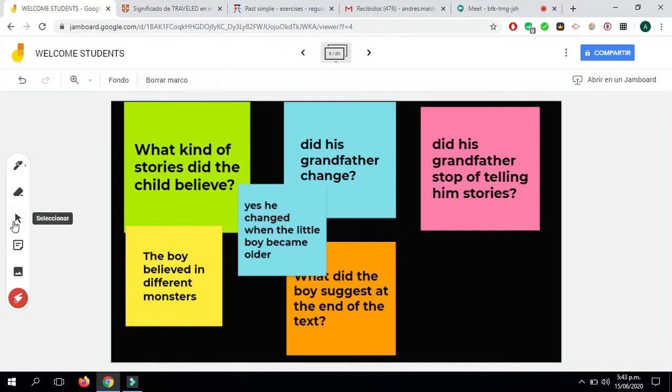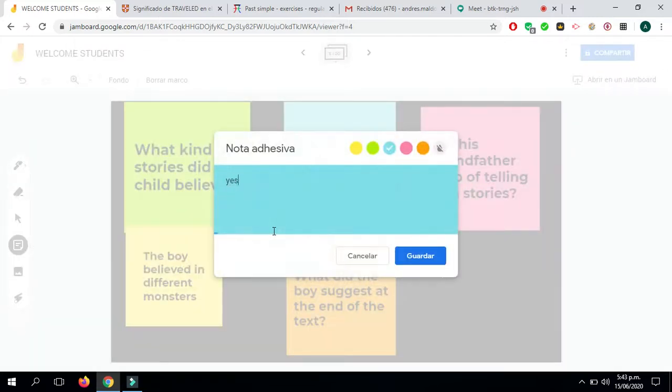Another example. The next question, did his grandfather stop telling him the story? I think that is quite similar to this one, and it's true, yes. So you say, yes, his grandfather stopped telling him stories.